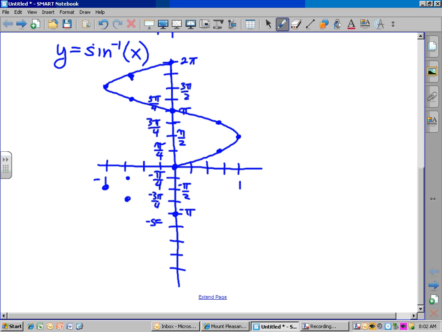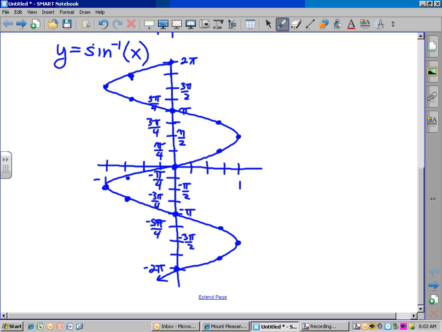Negative 5 pi over 4, positive 0.7. 3 pi over 2, negative 1. That's a little off. Then 0.7, and 0, and we get back to negative 2 pi. Right. Because x becomes y, y becomes x.